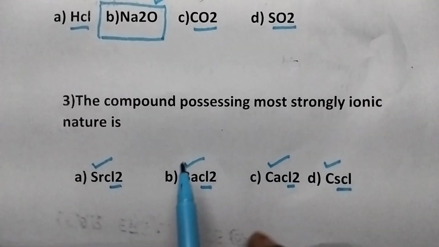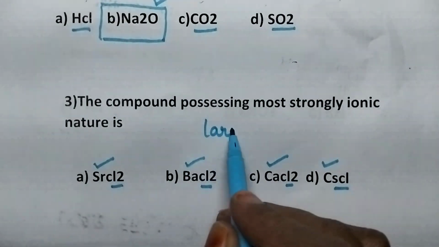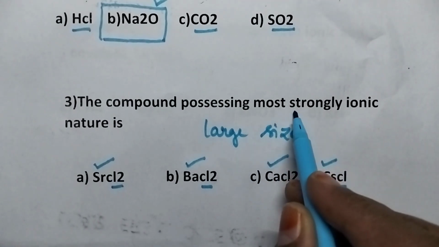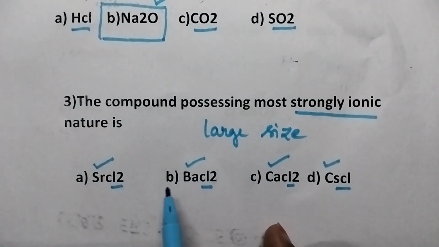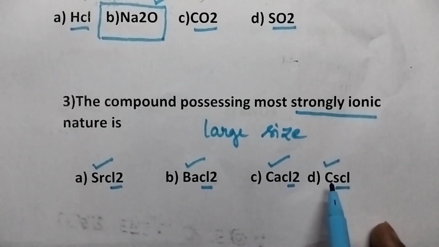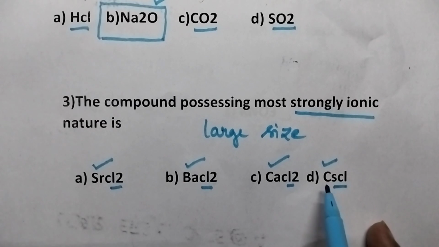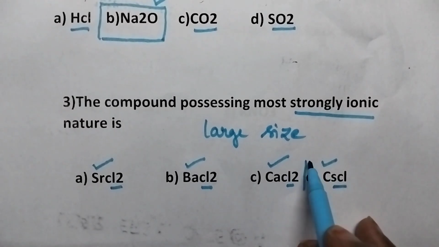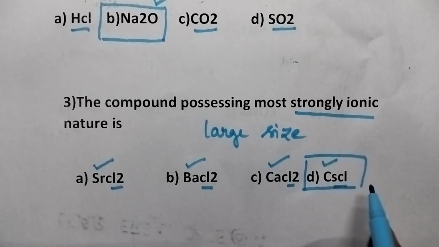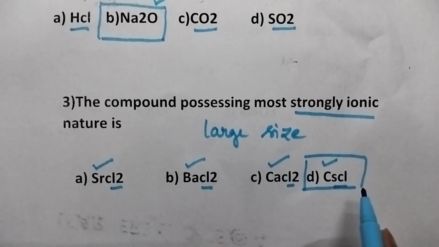If the cation has a large size, then it is a favorable condition to form a strong ionic bond. Among strontium, barium, calcium and cesium, cesium has the largest size, and hence option D, cesium chloride, will always result in the formation of a strong ionic bond, and hence it is strongly ionic in nature.